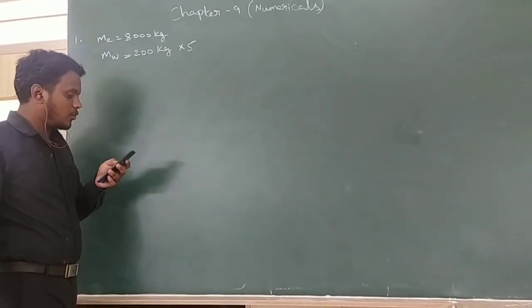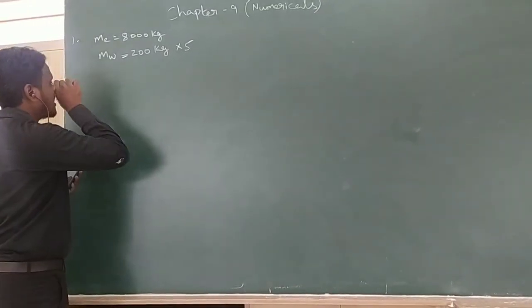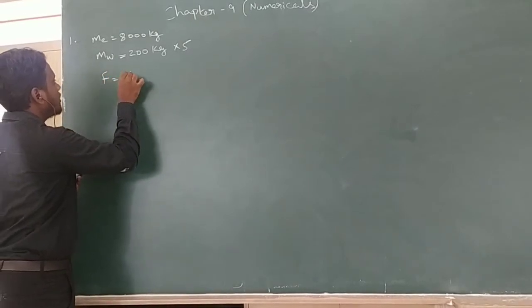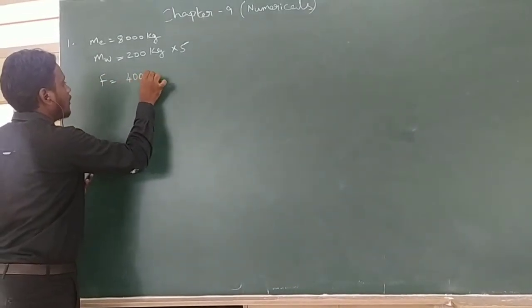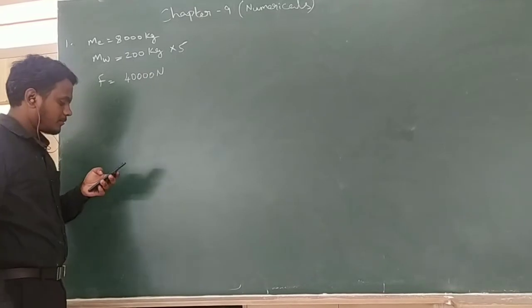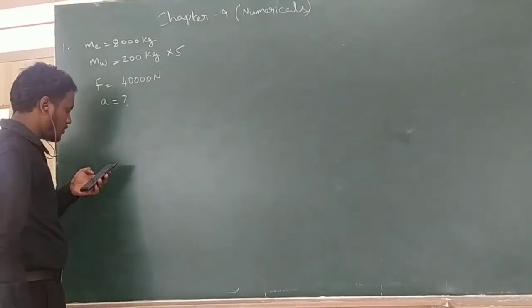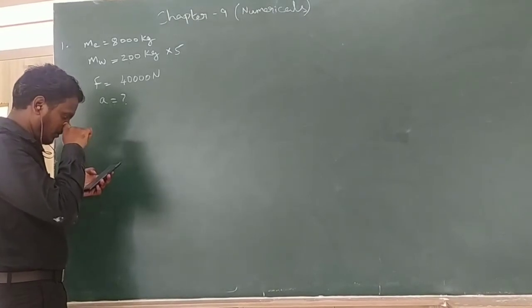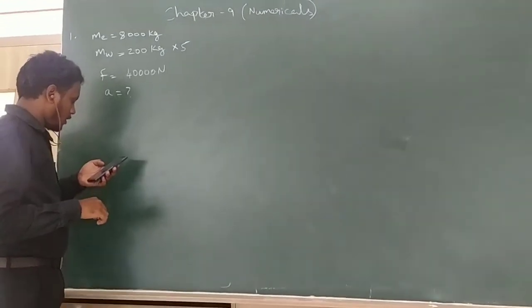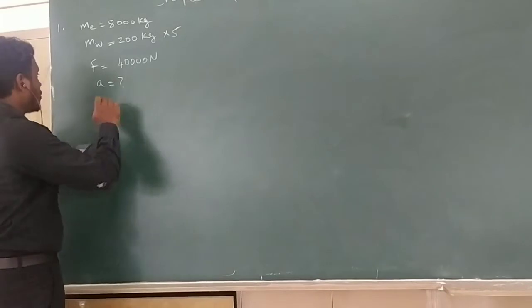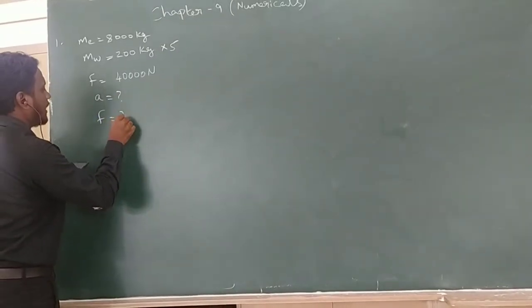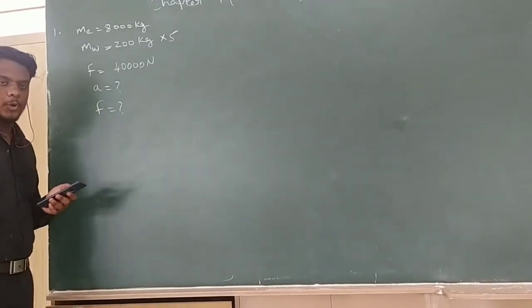The engine exerts a force of 40,000 newtons. Calculate the net accelerating force and the acceleration of the train. They have asked for both force and acceleration.